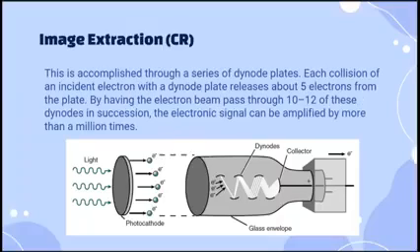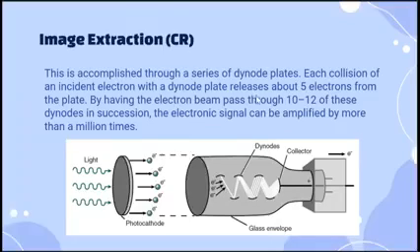Okay, so this is accomplished through a series of dynode plates. So these are dynode plates. Each collision of an incident electron with a dynode plate releases about 5 electrons from the plate. So when the electrons hit the dynode plate, it will produce more electrons, and then more electrons, and more electrons, increasing the energy of the electronic signal.